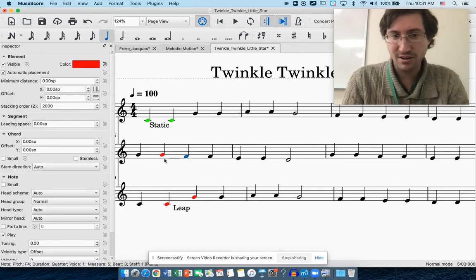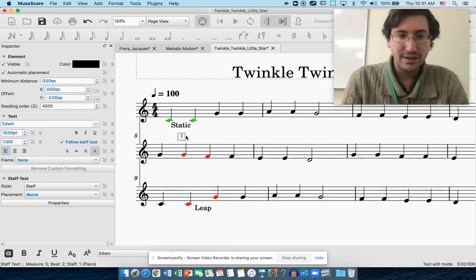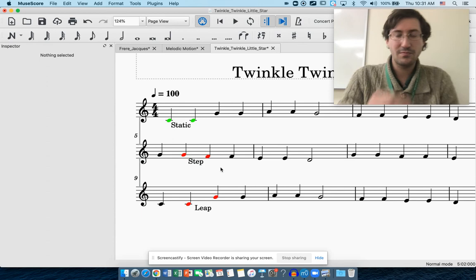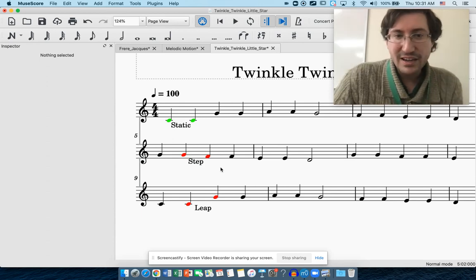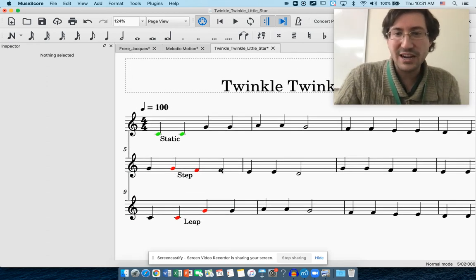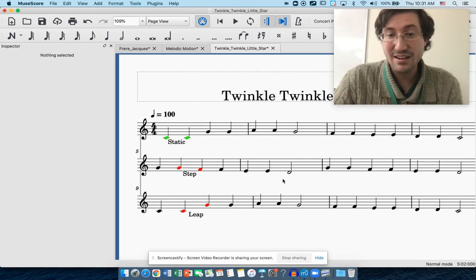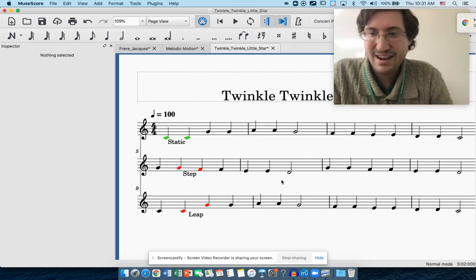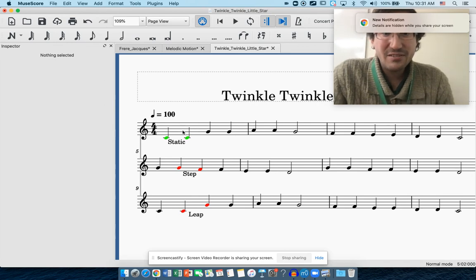We just stepped down on the staff. So that would be an example of a step. Those would be examples of three of the types of motions. We don't have any skips in here, not in this example anyhow. But that's to give you an idea of three of those types of motions.